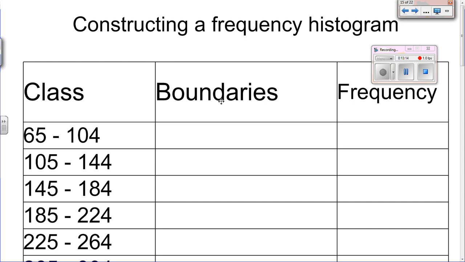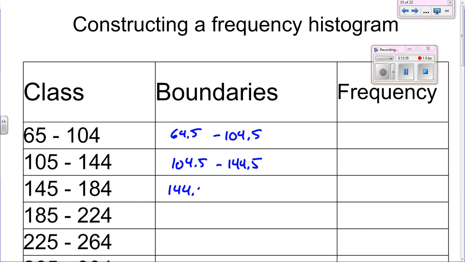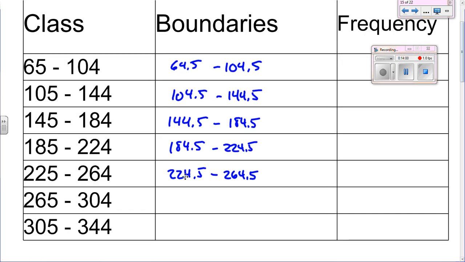Our boundaries would then be 64.5 going up to 104.5, and 104.5 to 144.5, 144.5 to 184.5, 184.5 to 224.5, 224.5 to 264.5, 264.5 to 304.5, and 304.5 up to 344.5.